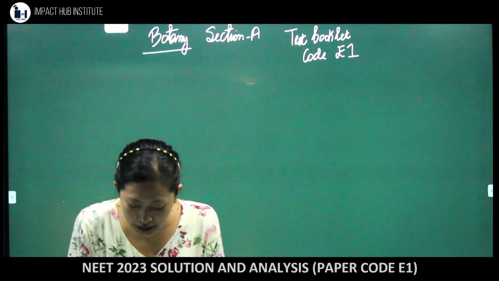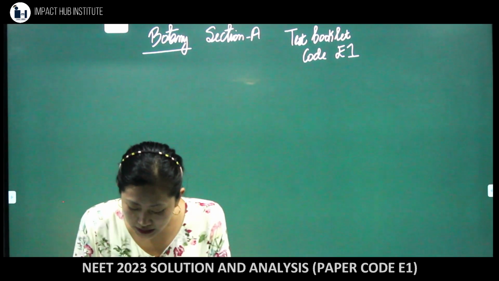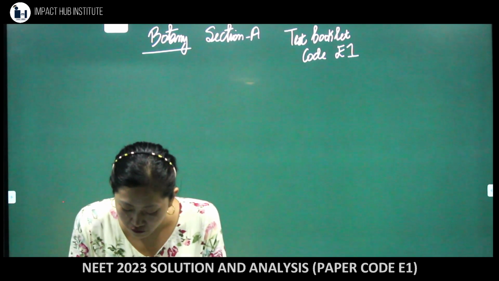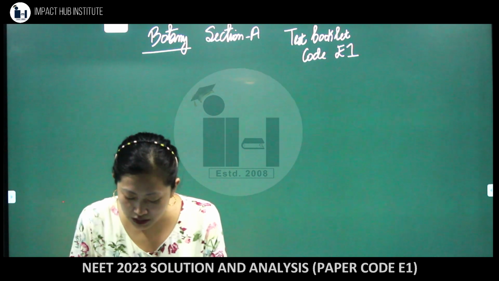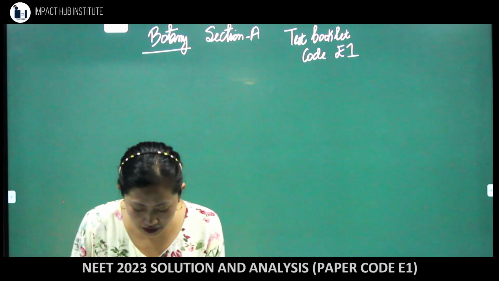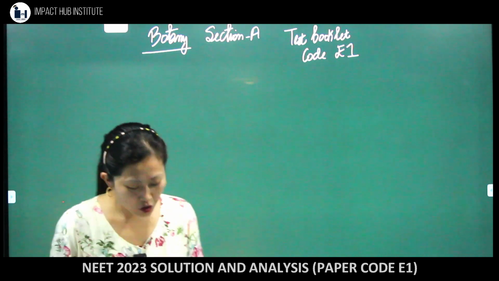Here the question says in angiosperms, the haploid, diploid and triploid structures of a fertilized embryo sac sequentially are. The correct answer here is option 3.